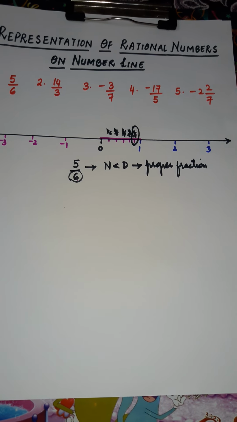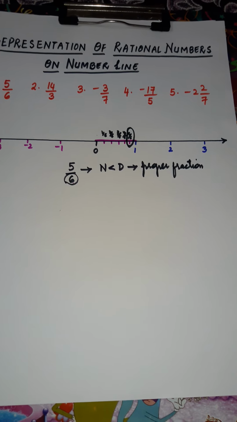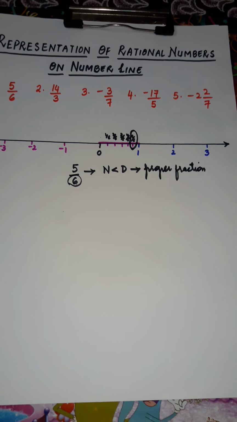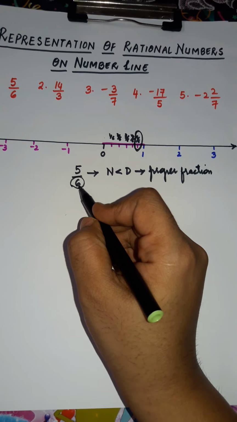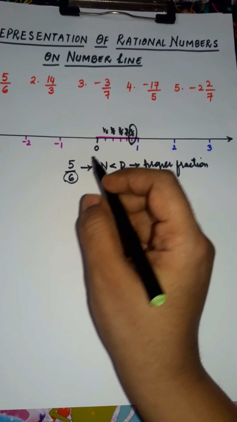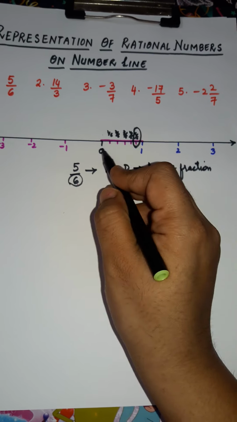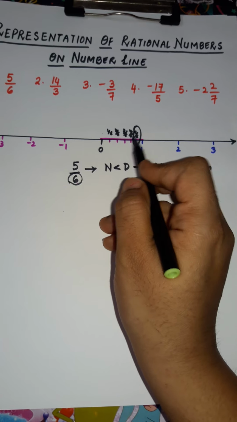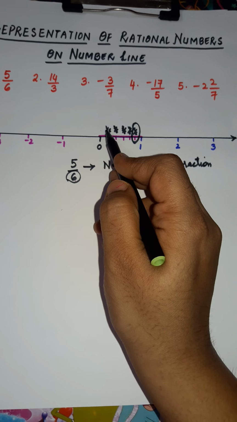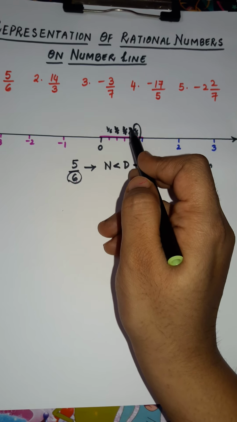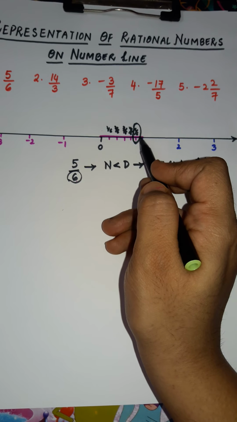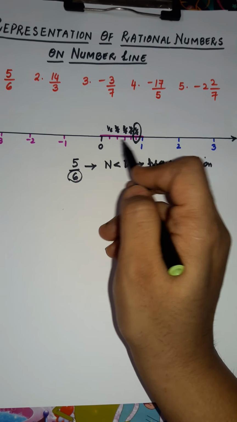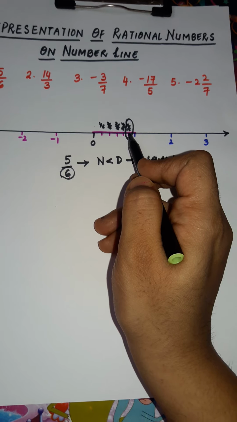Got it, everybody? Whenever a proper fraction is there, it's very easy. You just have to concentrate on this 6. Between 0 and 1, divide the segment into 6 parts, then count 1 by 6, 2 by 6, 3 by 6, 4 by 6, 5 by 6, and then 6 by 6 is 1. So you made 6 parts, no? So this part will be 5 by 6.